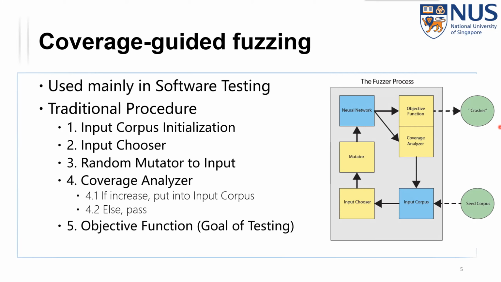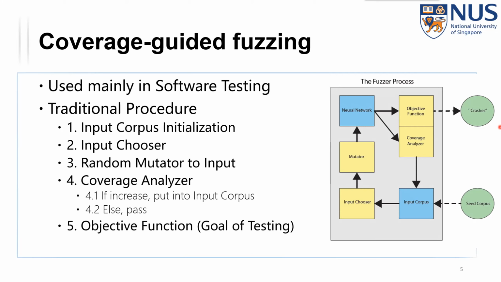Of course, the ultimate goal is to find something abnormal, right? You just want to trigger a crash. But the point is that sometimes it's very hard to define what a crash is. For example, in a normal program, if we give an input of 1 and it returns an output of 2, how do we know whether the outcome is correct or not? It's very hard to say.